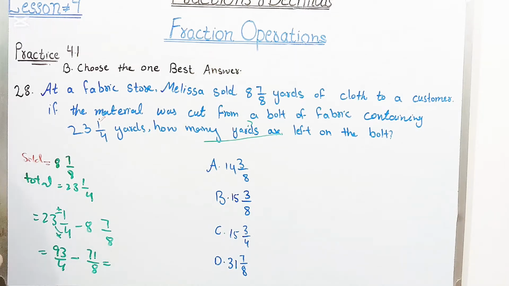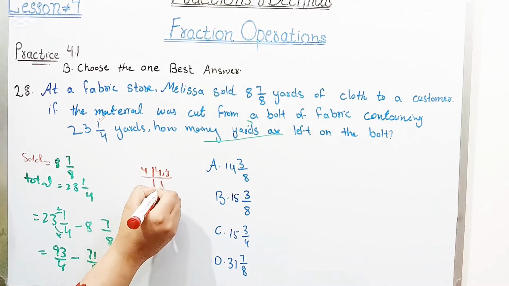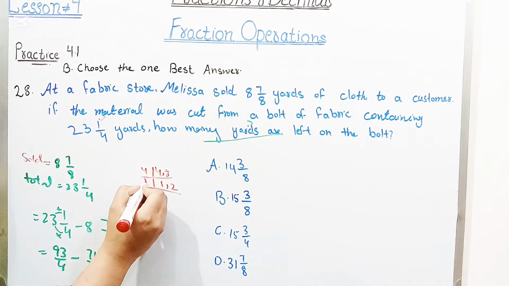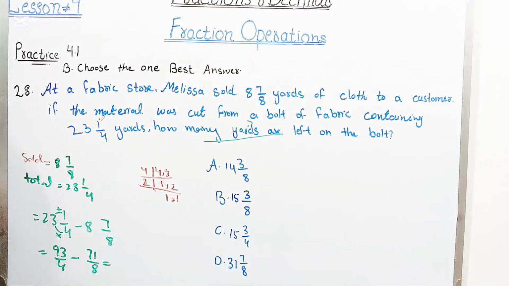But firstly to subtract, we will take the LCM. 4, 8, 4 1s are 4, 4 2s are 8, 2, 2 1s are 1. When we multiply, it will give 8. So, 93 multiplied by 2, 4 multiplied by 2, minus 71 over 8. So, 115 over 8.